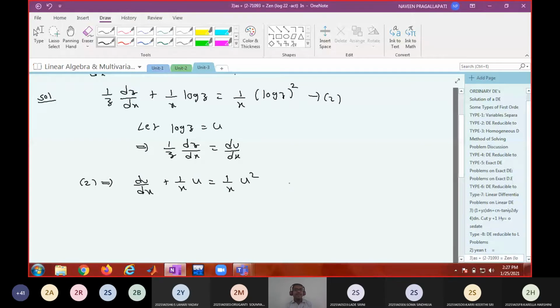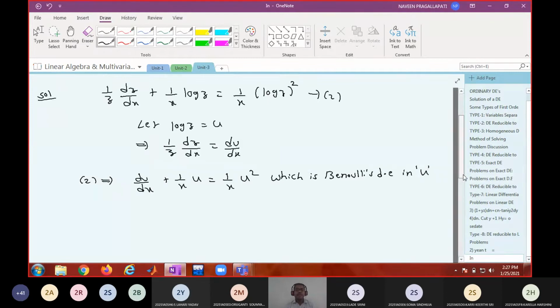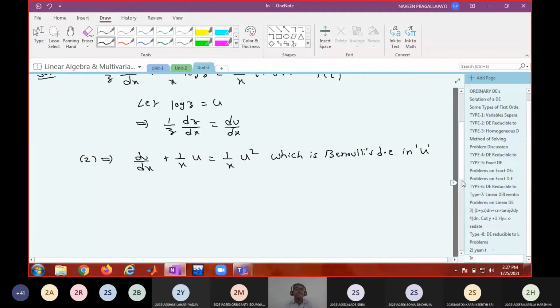What kind of equation is it? Bernoulli. Sometimes a DE may not be directly Bernoulli, it may be reducible to Bernoulli also. Once it is Bernoulli, you know how to solve it: divide with u square and so on.